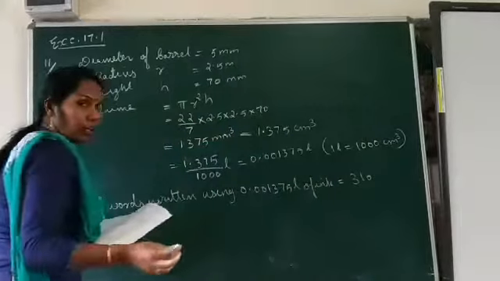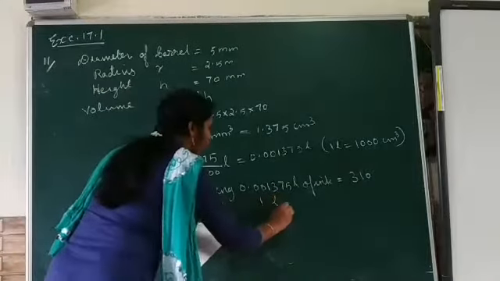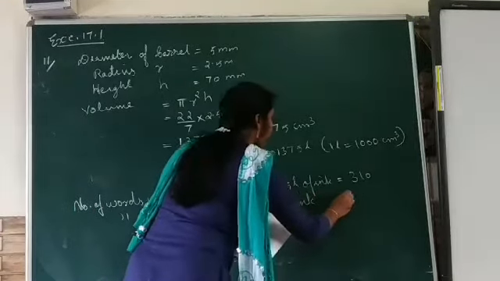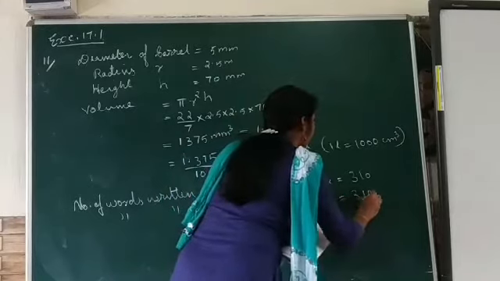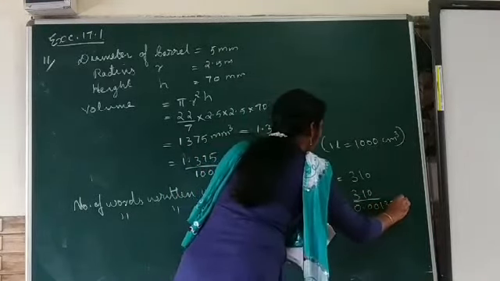Now, by using the unitary method, we can write number of words written using 1 liter of ink is equal to 310 divided by 0.001375.